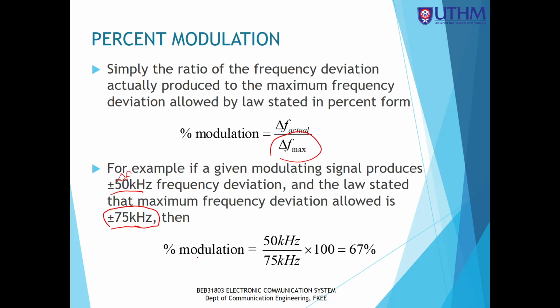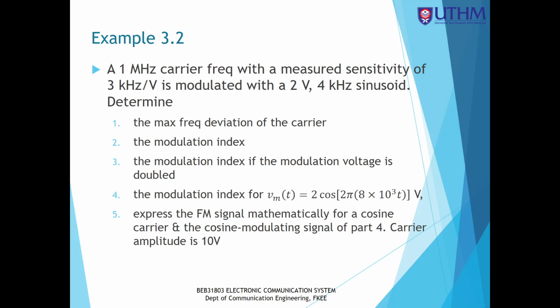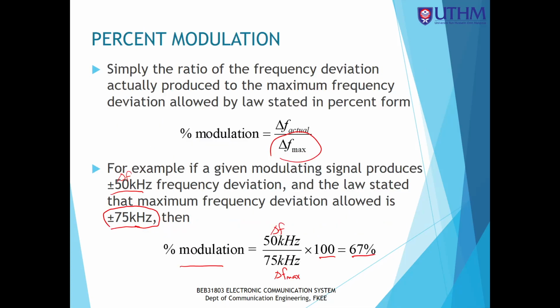Percent modulation is equal to delta F actual divided by delta F max, multiplied by 100%, so we get 67%. If you have questions about this, you can ask. Otherwise, we will move to the next example.